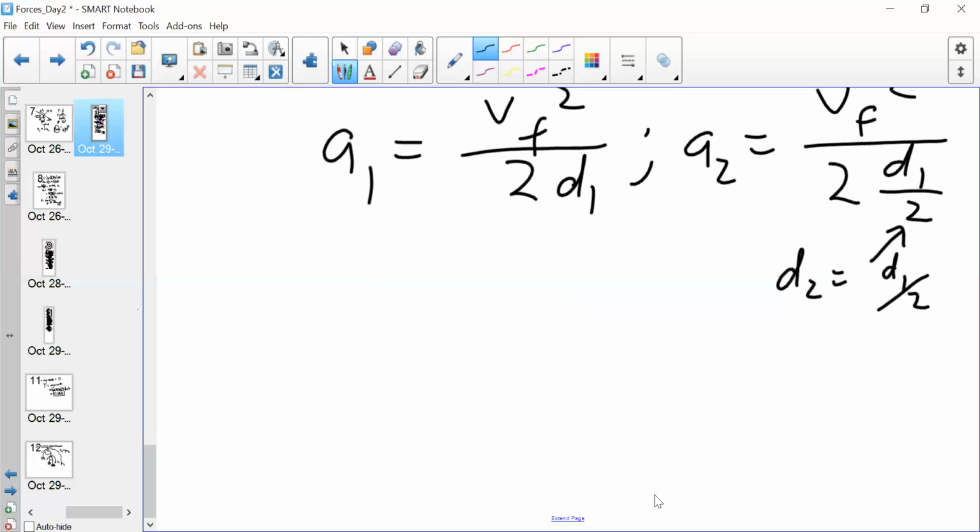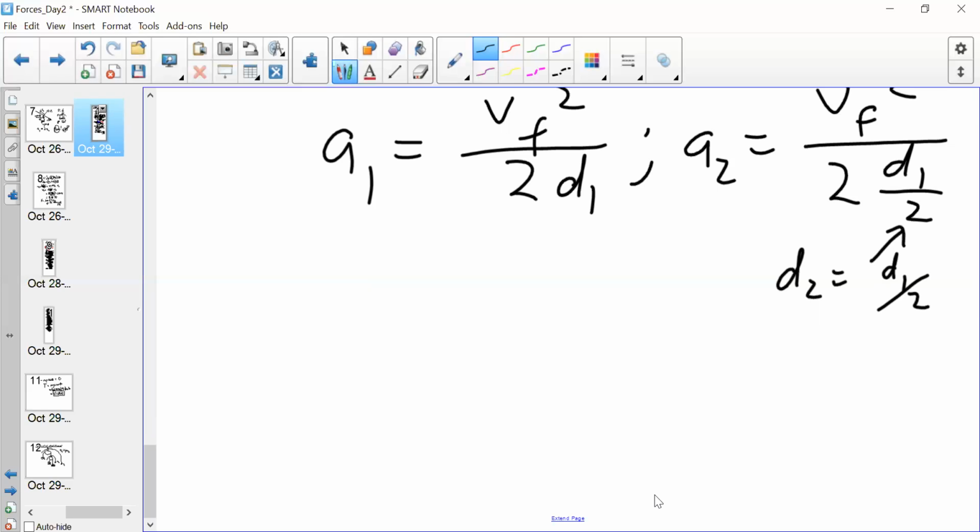We're not trying to show anything different about VF or T, but that's what we can claim about that system, that the time and the final speed will be the same. It's just that the A's are different because of their different distances. Now we solve for A1 and A2 respectively.